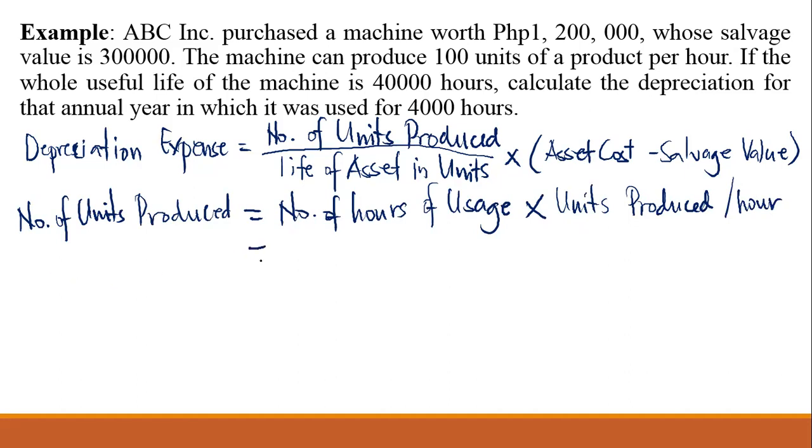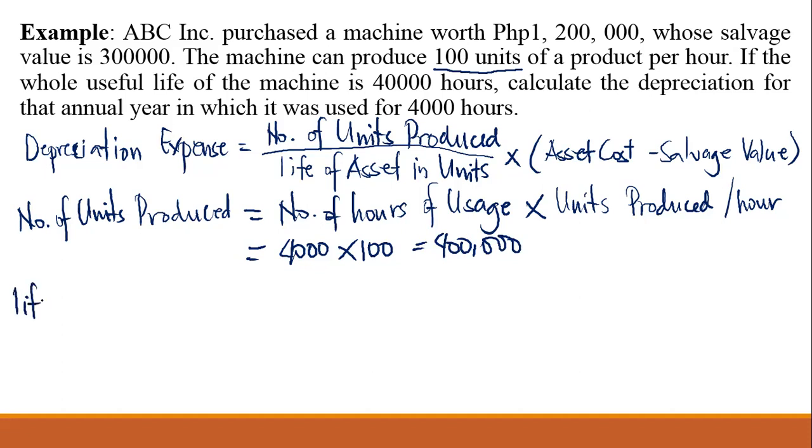So, sinabi natin dito kanina, used for 4,000 hours. So, 4,000 hours times 100, di ba? Sabi natin, nakakapag-produce yung machine ng 100 units per hour. So, multiply lang natin yung 100 sa 4,000 hours. Kaya, this is equal to 400,000 number of units produced.